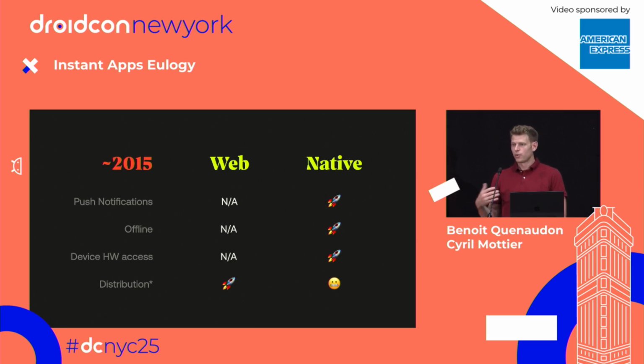And web was like, okay, we have the distribution, but we don't have the three others. And they were like, okay, we need those. And in 2015, sorry, progressive web apps started. At the same time, there was a lot of momentum behind JavaScript.